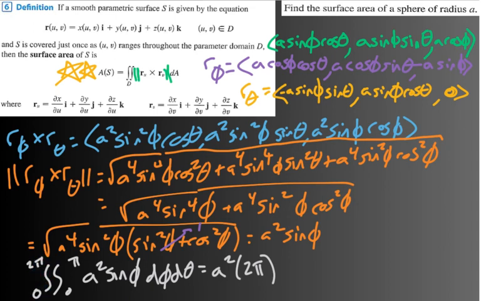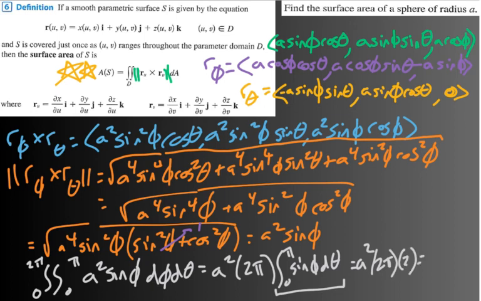And so then we just have the integral from 0 to pi of sine phi d phi. And from that, you get 2 out of this part right here if you do that integral out. And so then we get a squared times 2 pi times 2, which is, of course, 4 pi a squared. And that is what the surface area of a sphere is, right?